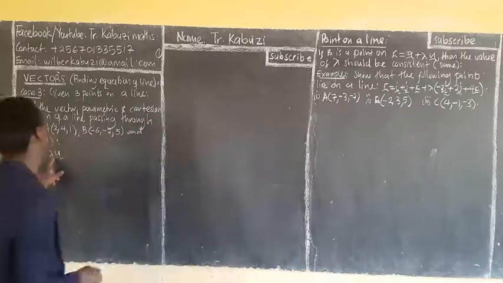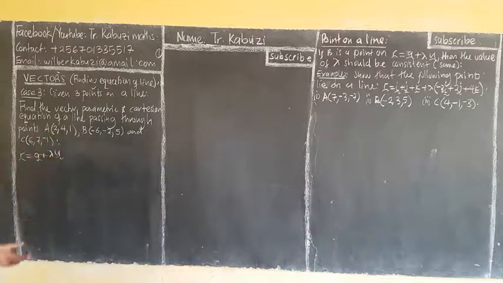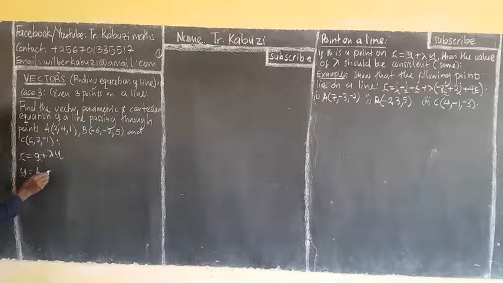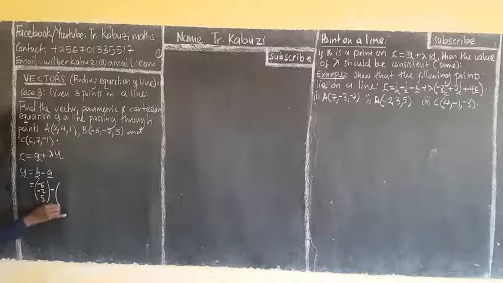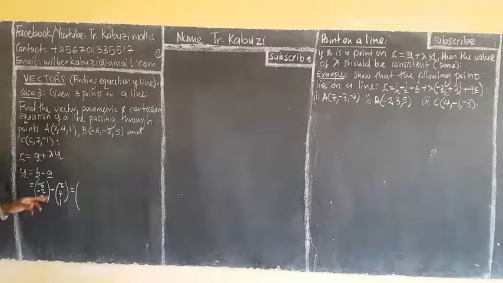So if I get my u between A and B, it means my u starts from A, and from here it is negative.